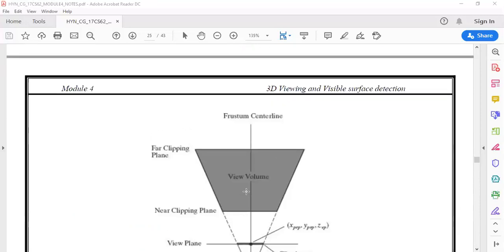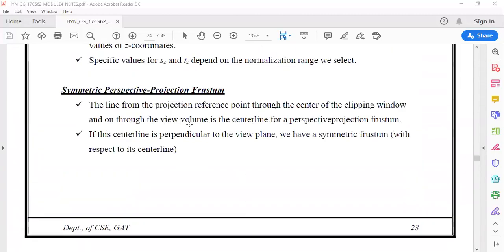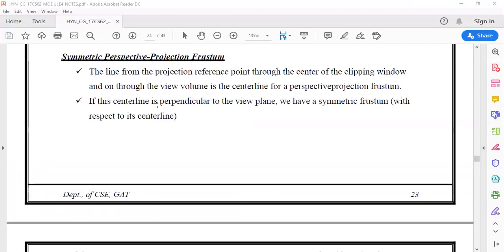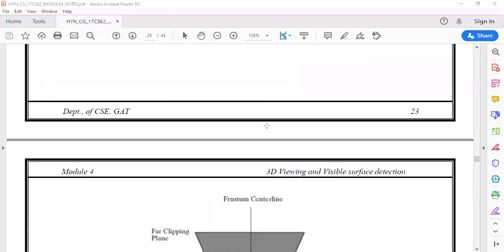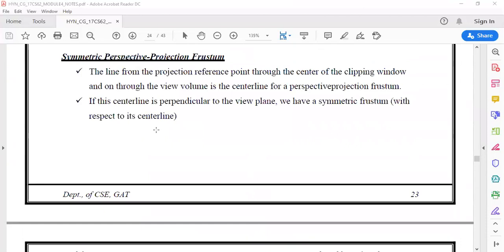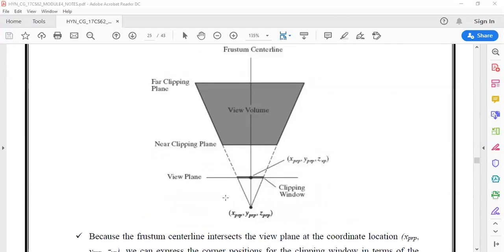The line from the center of projection crosses through the view volume, and it is the center line of the perspective projection frustum. This center line is perpendicular to the view plane, so thereby it creates symmetry. My frustum is symmetrical to my view plane.